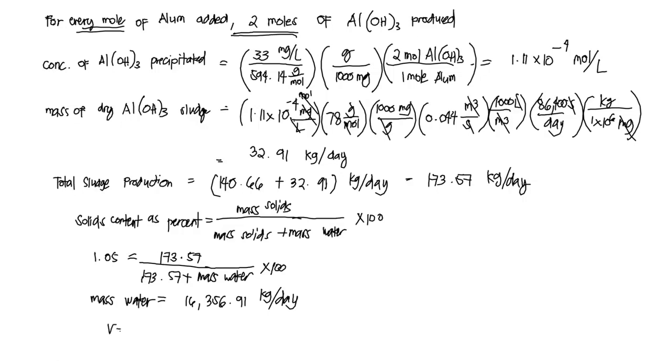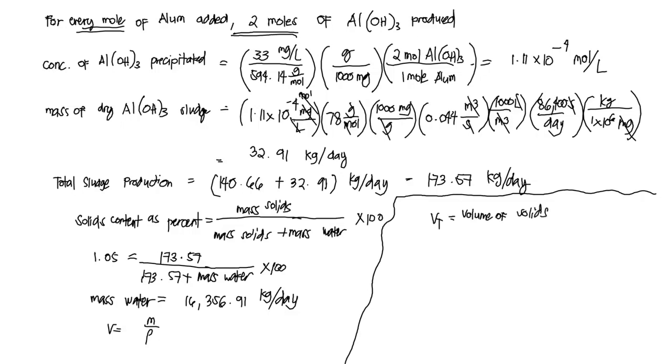We know that volume is equal to mass divided by density. So the total volume is equal to the volume of the solids plus the volume of water.